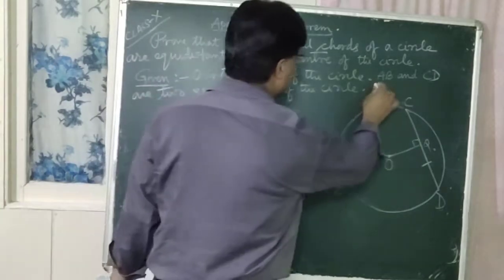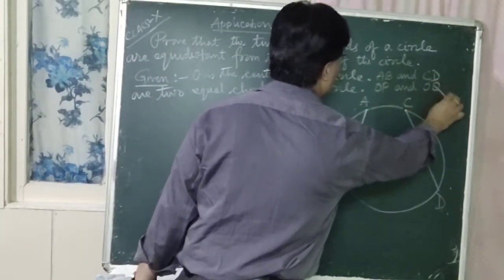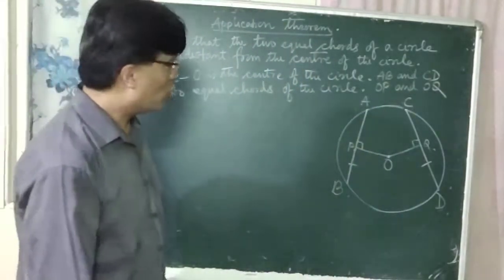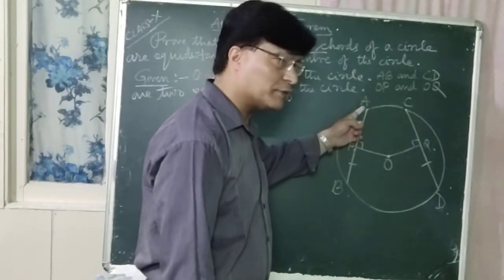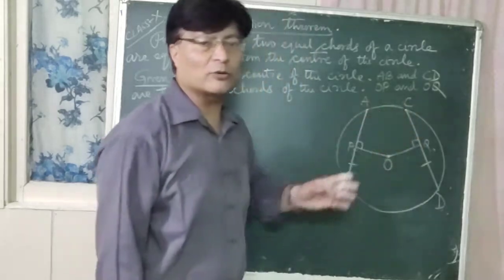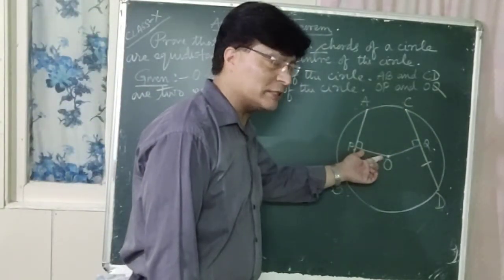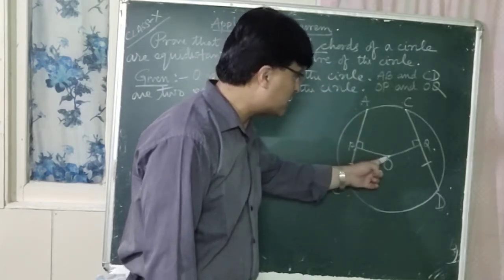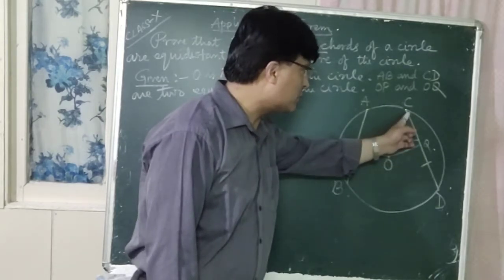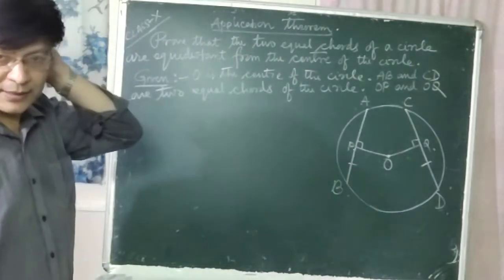Then you have to write OP and OQ. OP and OQ are the perpendicular distances of the chords AB and CD from the center O respectively. भनेको के हो? OP is the perpendicular distance of the chord AB from the center O, and OQ is the perpendicular distance of the chord CD from the center O. त्यही लेख्दैछौँ हामी यहाँ, ठीक छ?